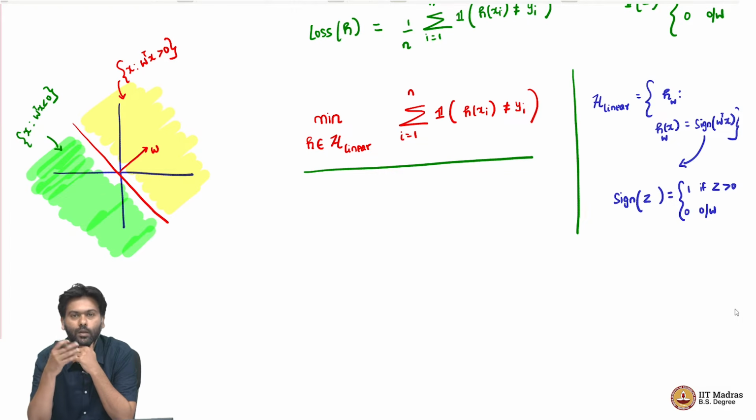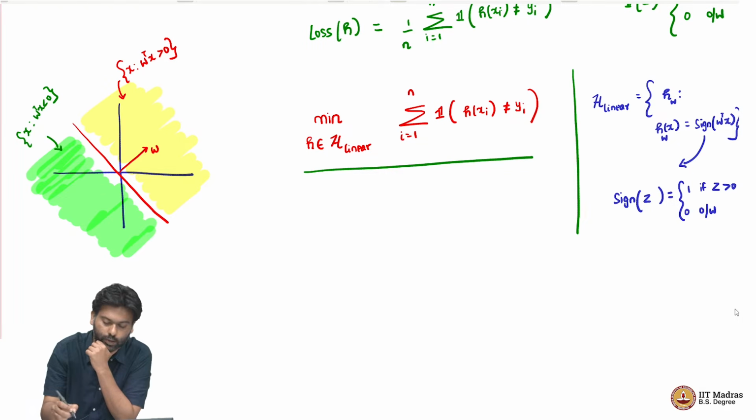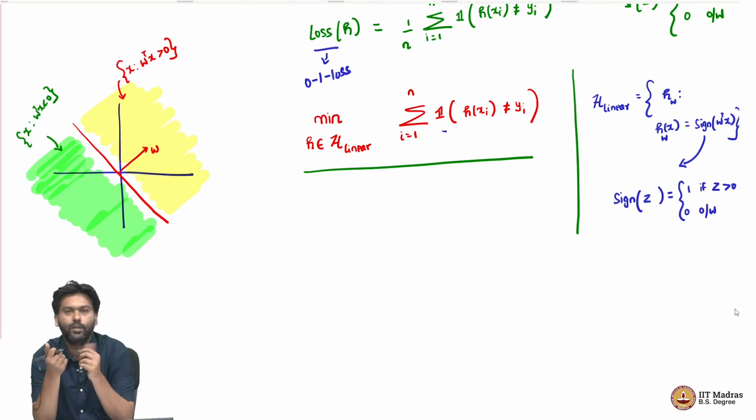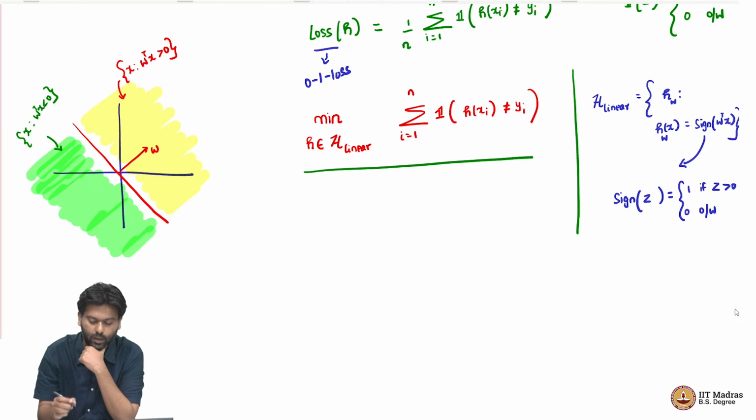It is no longer the squared loss, it is what is called the 0-1 loss. Let me give this loss a name. It is called the 0-1 loss because it gives a loss of either 0 or 1 depending on whether h correctly predicts x or not with respect to the y in the training set. Now, how do we minimize this? Well, unfortunately, this problem is an NP hard problem in general.